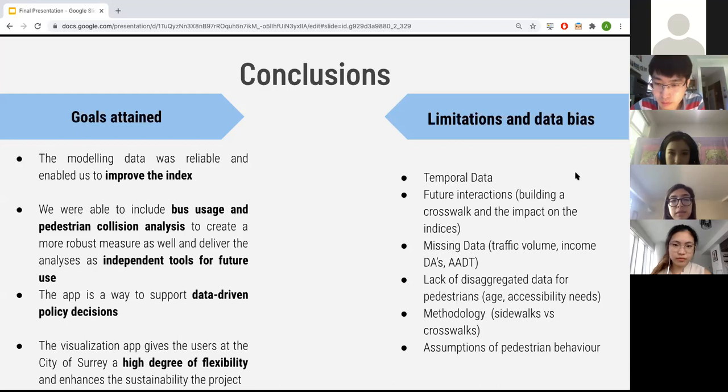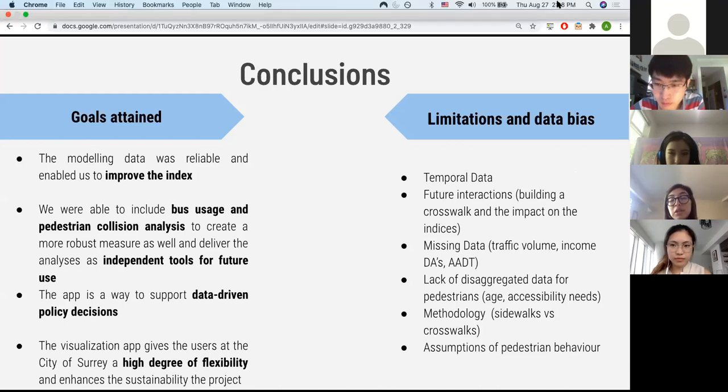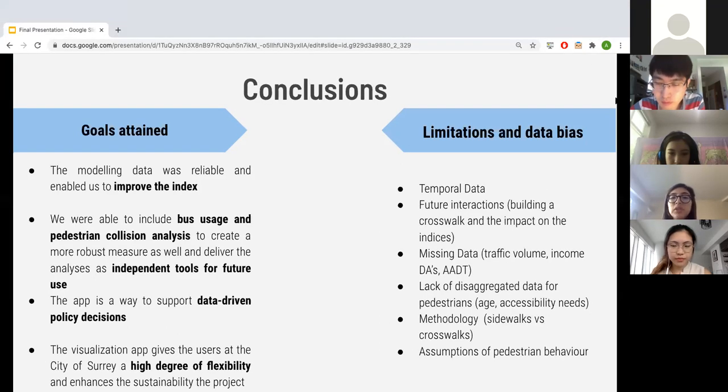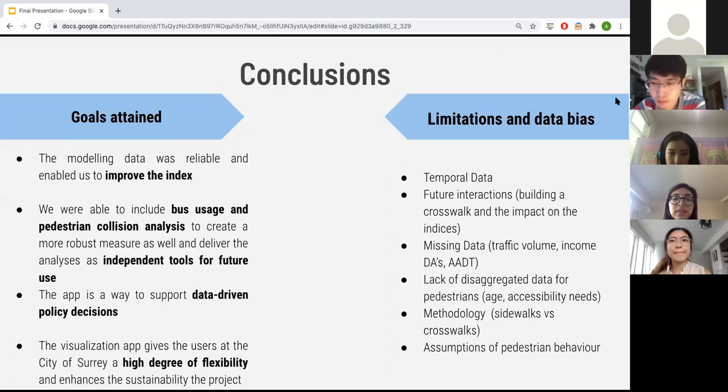At the same time, the collision emergent hotspot analyses and the bus usage hotspot analyses are also going to be given to the people at the City of Surrey as independent tools for future use, because they mentioned that it would be useful to have that as a record because it might be important information for other projects.